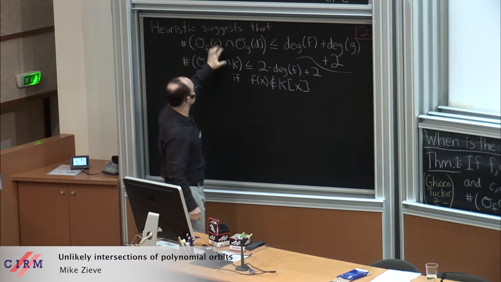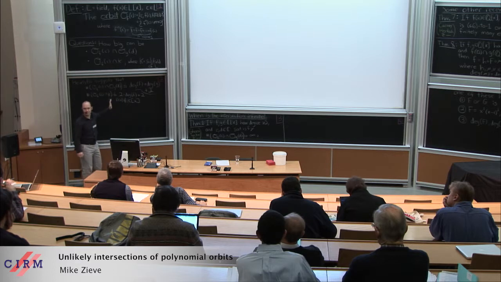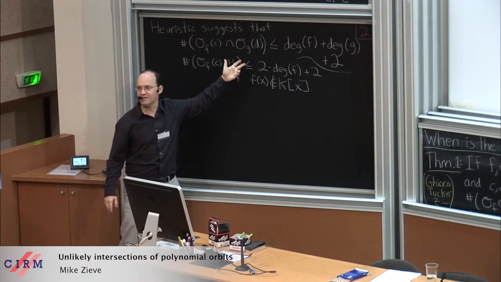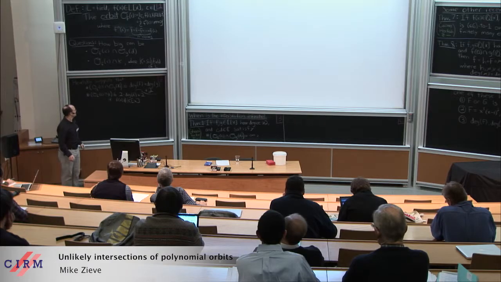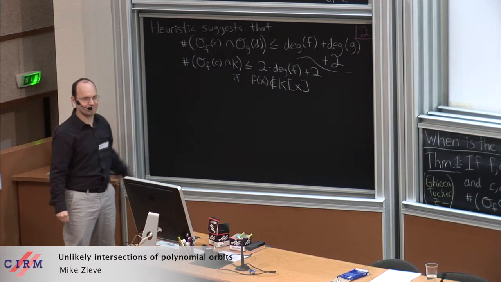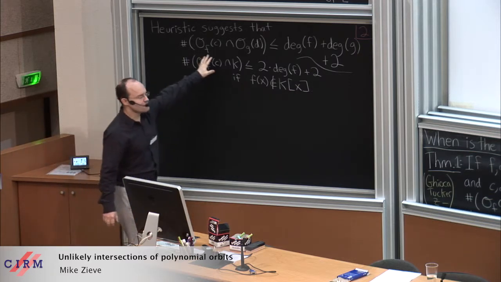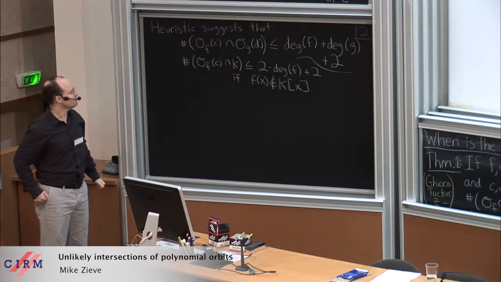So that says that the size of the intersection should be at most degree plus 2. Of course this is false, because you could have f equals g, or c equals d. But heuristics have some kind of assumption that the world is random behind them, and in that case the world was not random. Still, I think this should be true when it's not false. It seems reasonable.